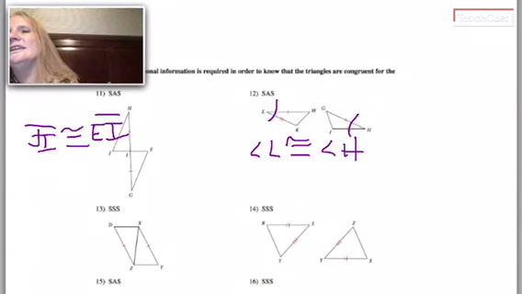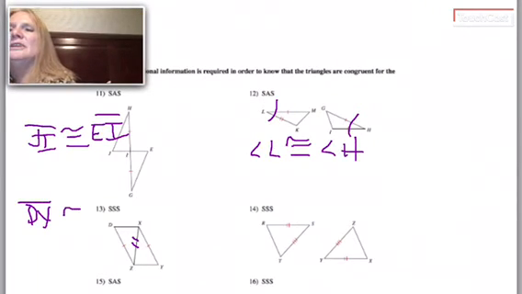Side, side, side. In number 13, well, we have one side marked, but then we can mark this one. Again, they don't have to give us that one because it's the same side in both, so we can just mark it. We don't need it to be told to us. So the side that's not given, DX, would have to be congruent to FZ.